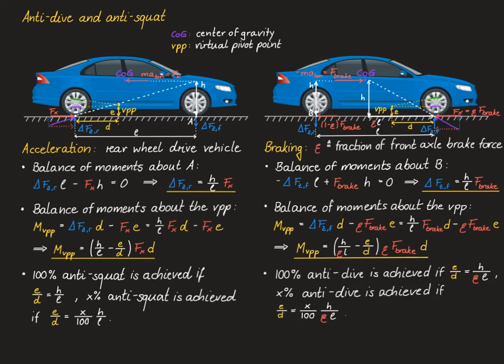We conclude that 100% anti-dive can be achieved if the ratio of e and d equals the ratio of h and xi L, and we say that X% anti-dive is achieved if the ratio of e and d equals X divided by 100 times the ratio of h and xi L.